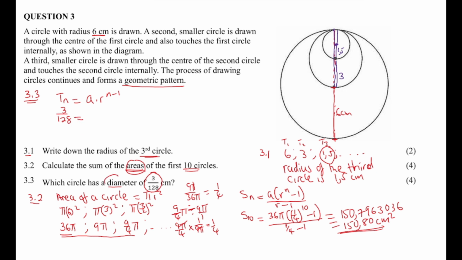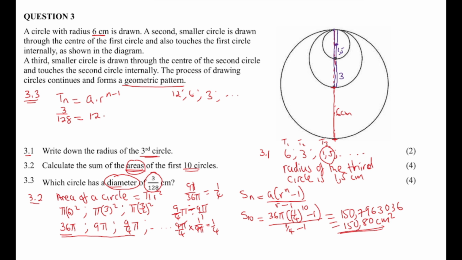What is the diameter? Take note here, the diameter of the first circle. So the sequence for the diameter will be like 12, 6, 3, going on like that. That is for the diameter. So a is 12, and then our r, 6 divided by 12, that is 1 over 2. 3 divided by 6 is 1 over 2. So our ratio is 1 over 2.